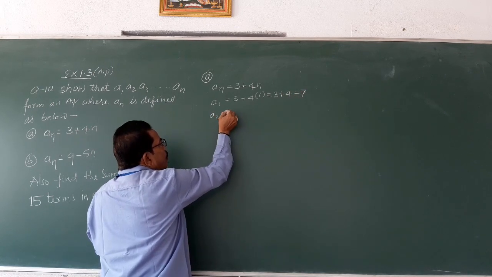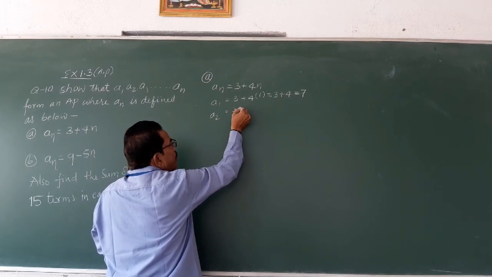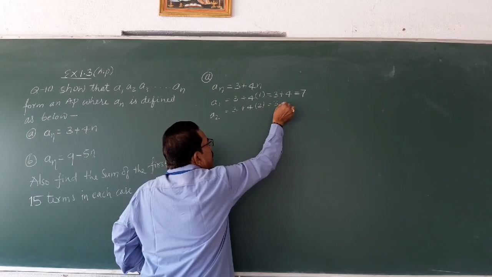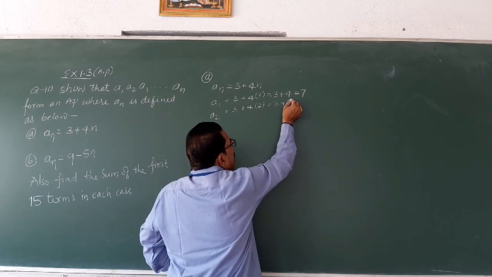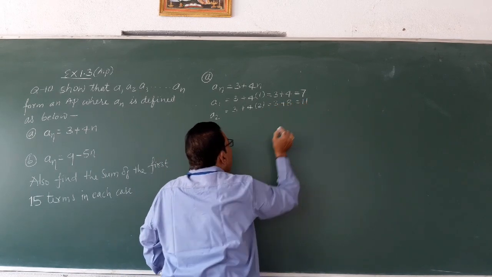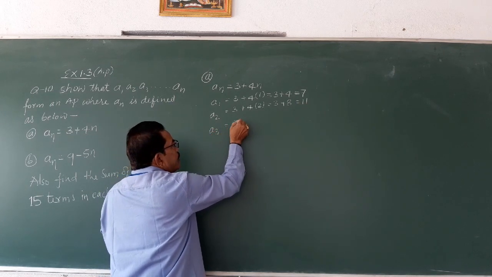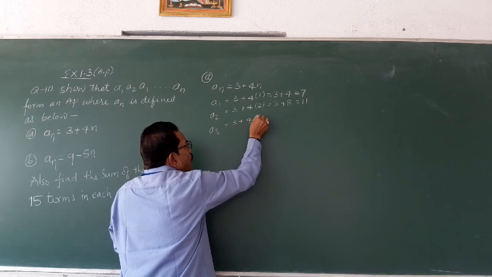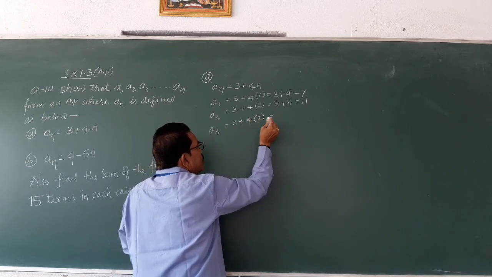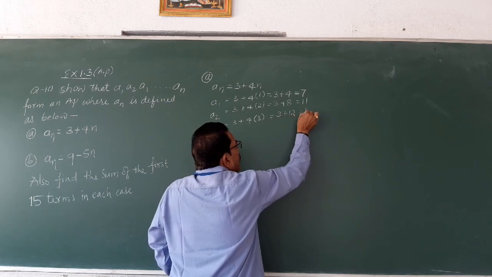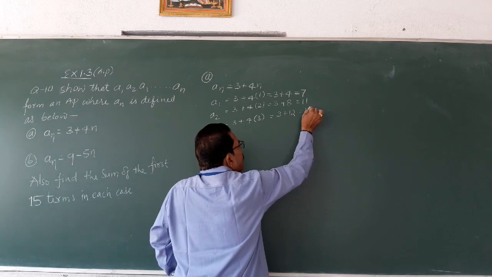Then a2 equals 3 plus 4 into 2, that is 3 plus 8, 11. Then a3, 3 plus 4 into 3, that is 3 plus 12, 15.